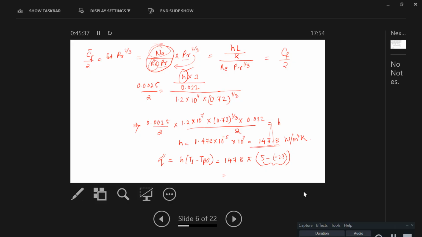How much do you get this? This simple calculation. 4138.4.